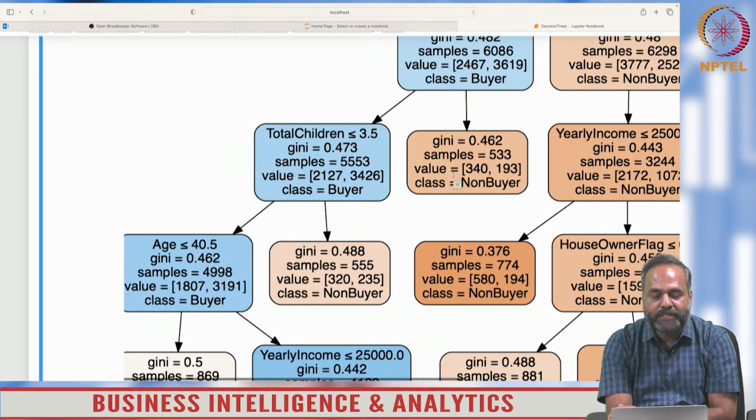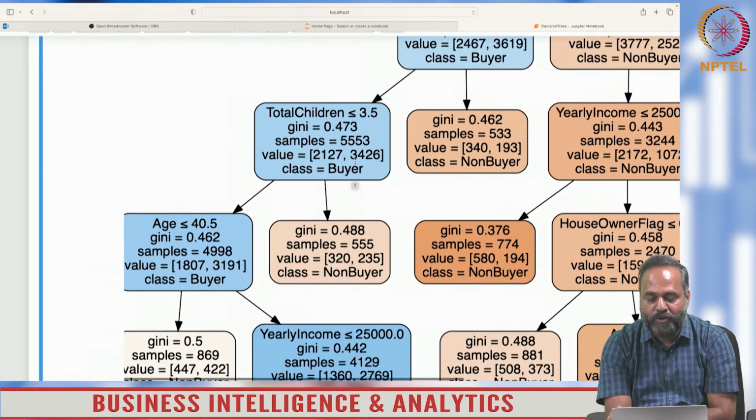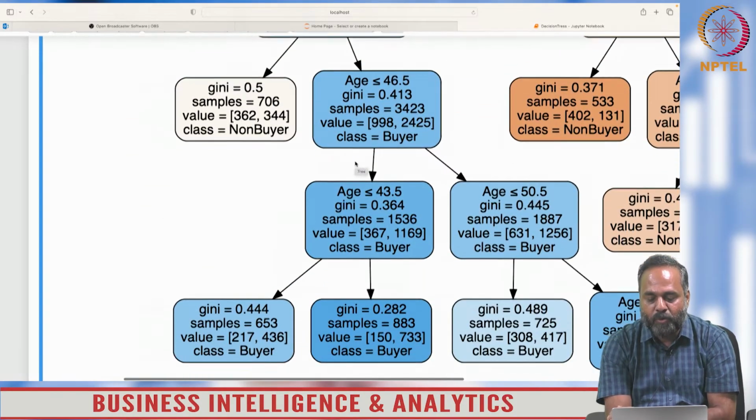So we calculated the Gini score in the class. You can see the size of the node and the proportion of each class label in the node, and it also reports the Gini value, which is given here as 0.473. Is 0.473 a good Gini score? Let us see some good scores as we go down. 0.413.